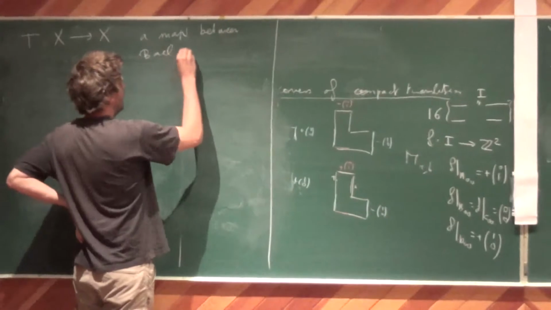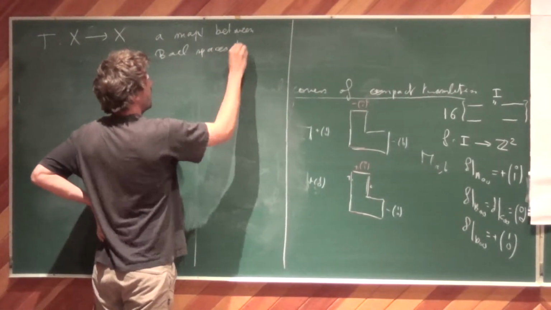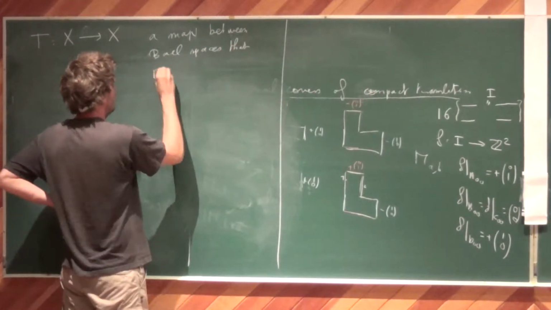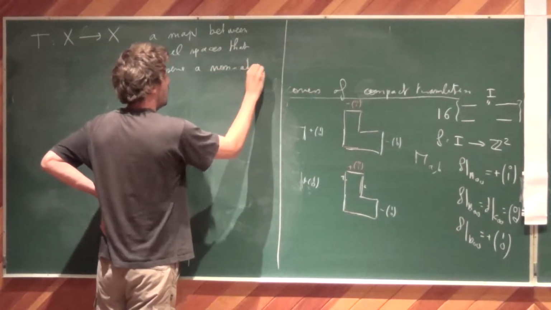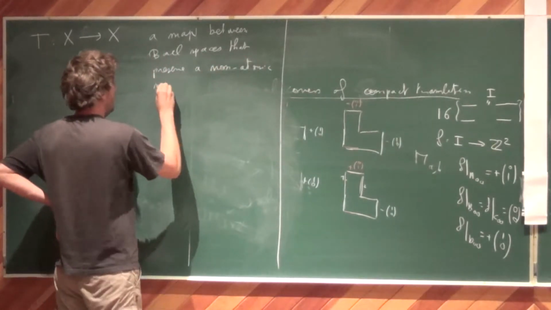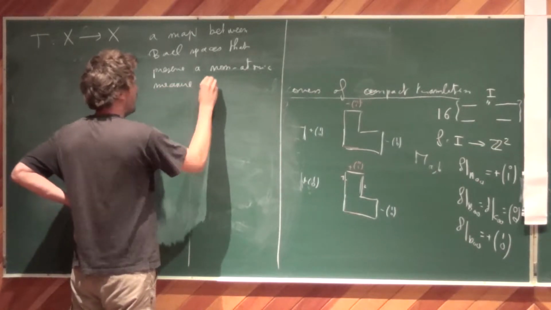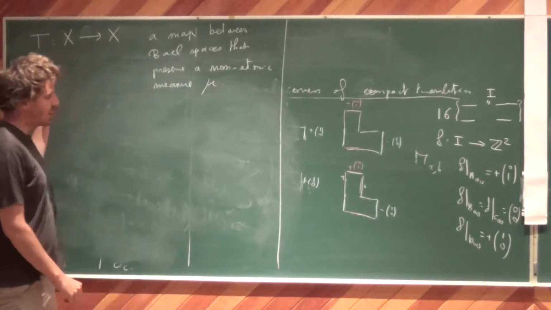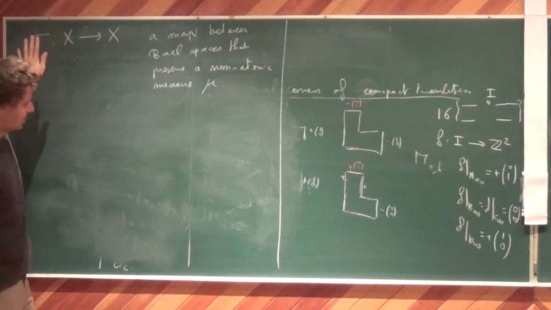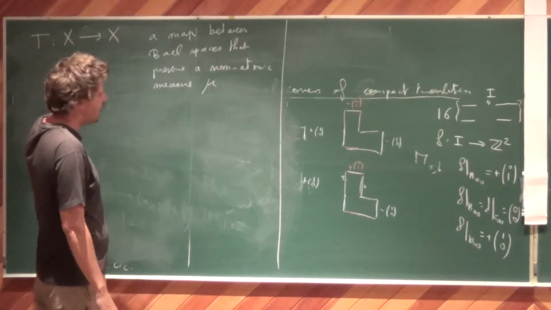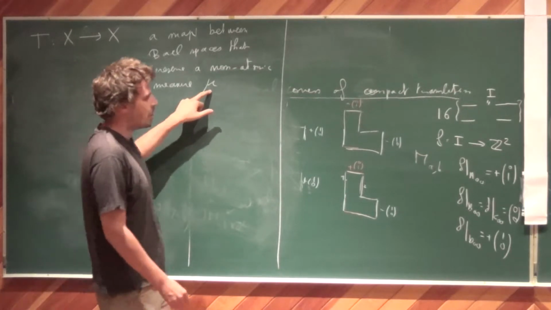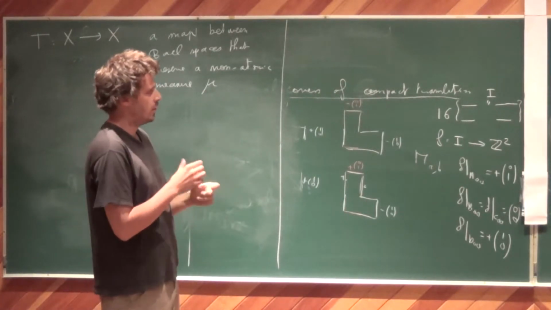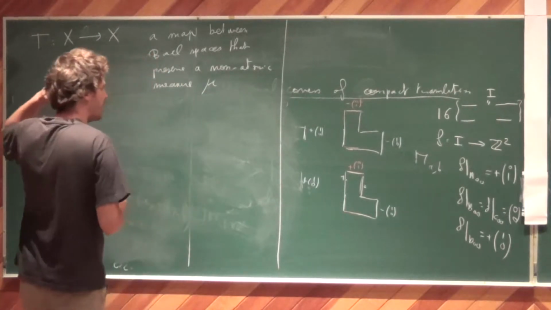Spaces that preserve a non-atomic measure mu. So an interval exchange is a perfect example of that. So think of it as an interval exchange, and the measure mu is the Lebesgue measure, because your interval exchange is a piecewise translation, so you preserve the Lebesgue measure.